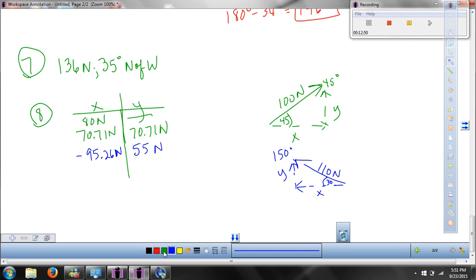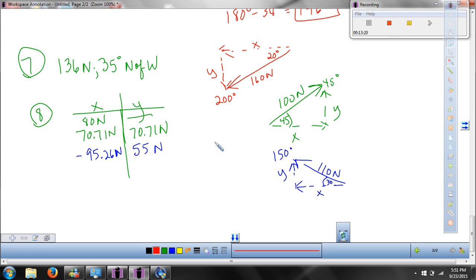And then the last one that I needed to do was F4, and F4 was 200 degrees at 160 newtons. So if it's 200 degrees, 160 newtons, here's my X, and here's my Y. The pilot's bearing for this axis would be 180, and a 20 degree angle right there gets to 200.